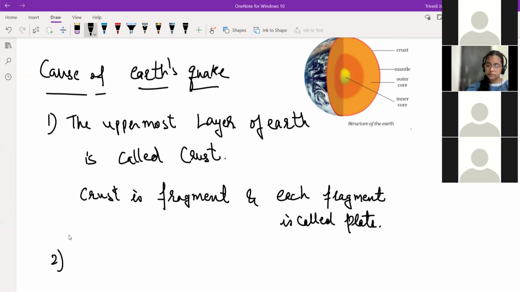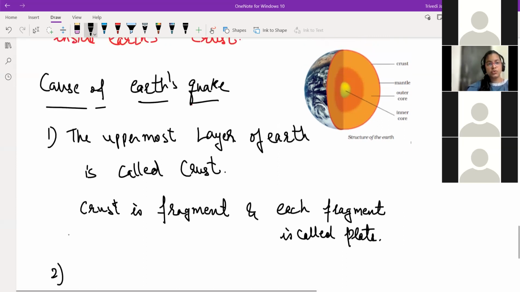Now, the inner core it won't actually reach. Imagine this hypothetically: if an earthquake starts here and goes so far inside, that means half of the earth is gone.